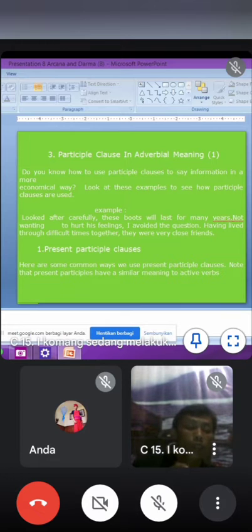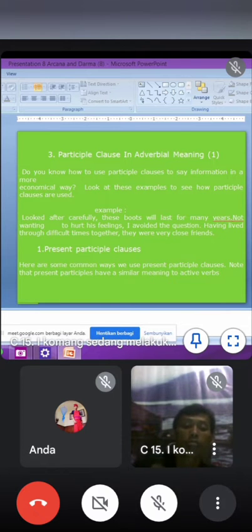Please look at this example. Example 1: look after carefully, dashboards will last for many years. You can see the example on my screen.